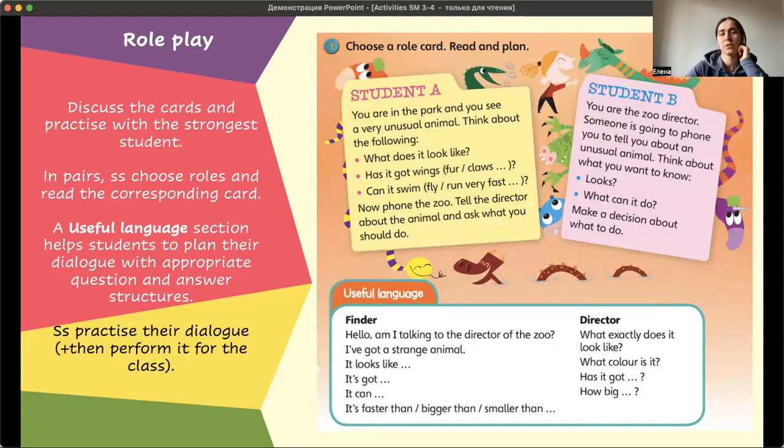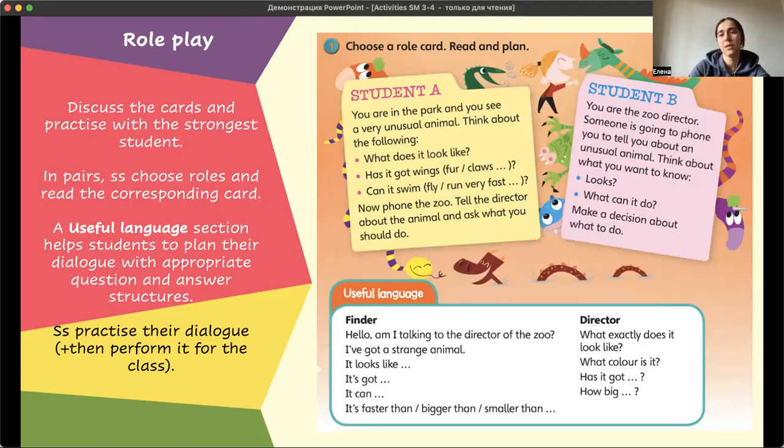Natasha, if we give them some time to prepare, well, I think we waste time here because the dialogues are quite short, and when they make one dialogue, they change roles, and if we have time, we can make new pairs, so they can practice several dialogues, and if they write their dialogues, they will make only one.